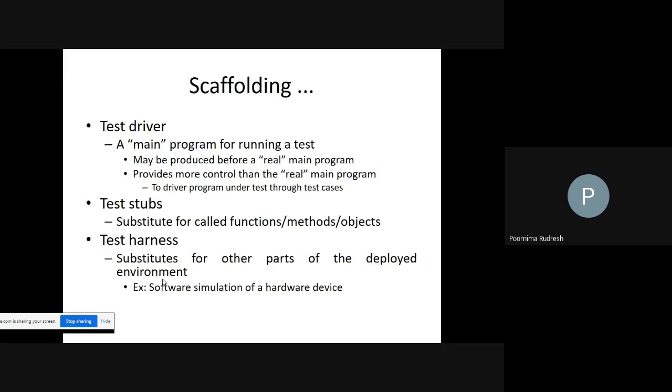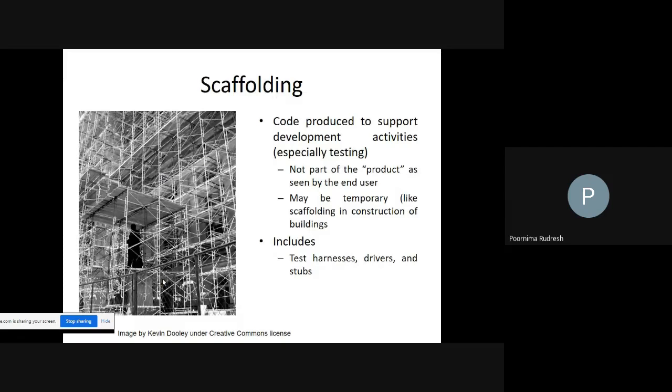So the main purpose of developing the scaffolding code is to control the execution of the test cases and to judge the outcome of the test execution. Understood?